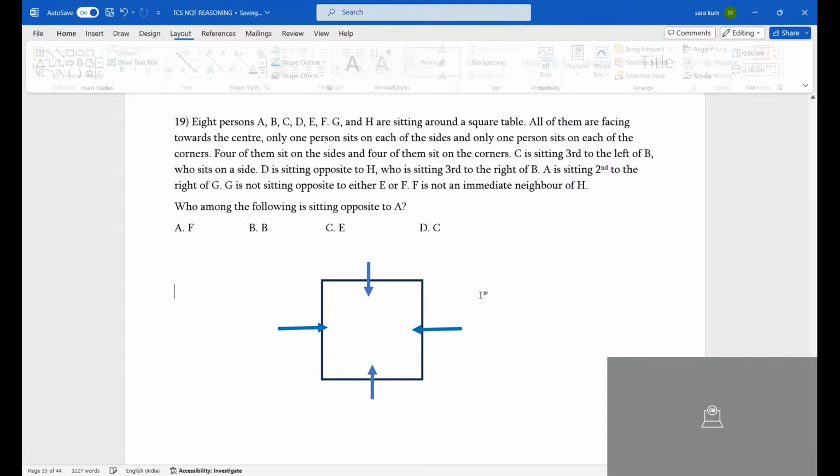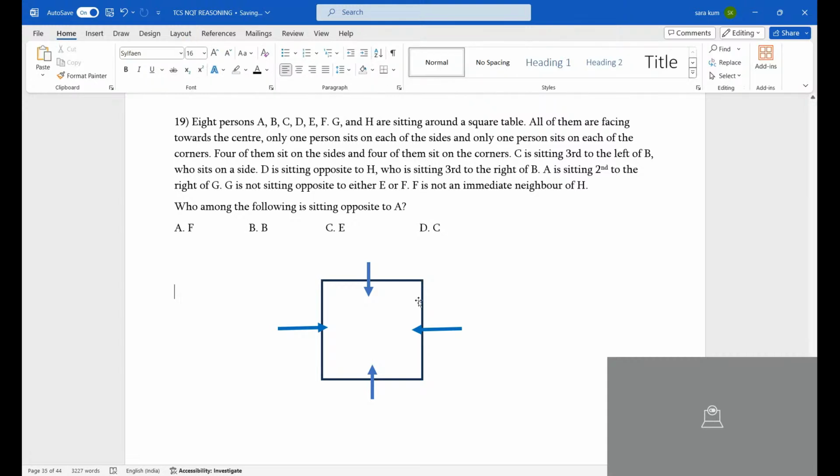Okay, so these four people. What about the remaining four people? Those four people will be sitting on the corners. So this is called sides. These four people are sitting on each of those sides because the square has four sides, right? You can clearly see this square has four sides. So out of these four sides, we'll have four people sitting here. Like for example, the first person here, second person here, third person here, and the fourth person here.